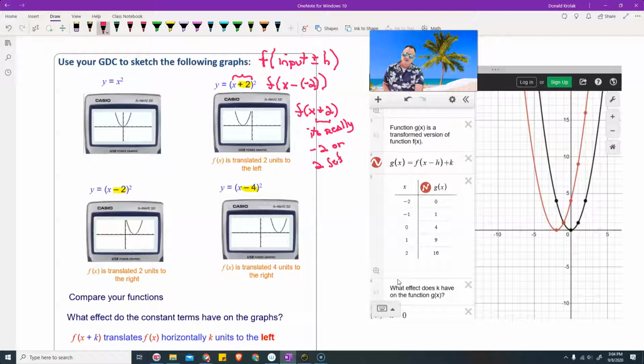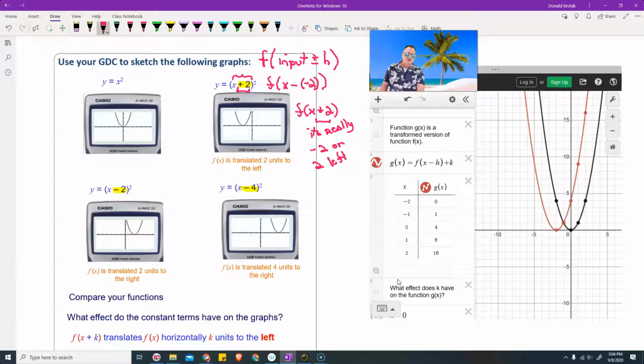And that's why I call it bizarro world, because when I see a plus 2, it's really a negative 2 when I'm dealing with the input. Because your common sense would say, wait a minute, shouldn't that go to the right? Well, no, because of the way these equations are written, it's actually the reverse when you're working on the input.